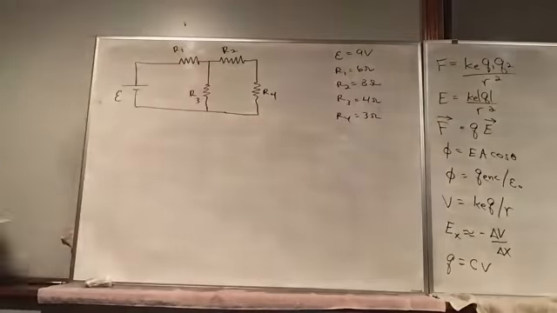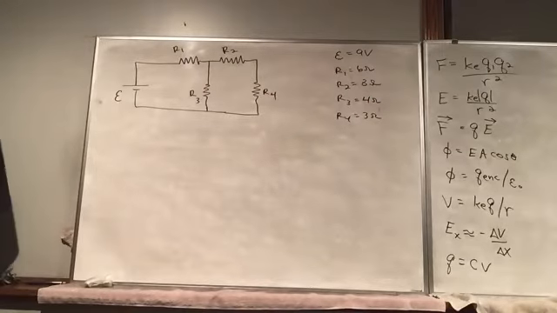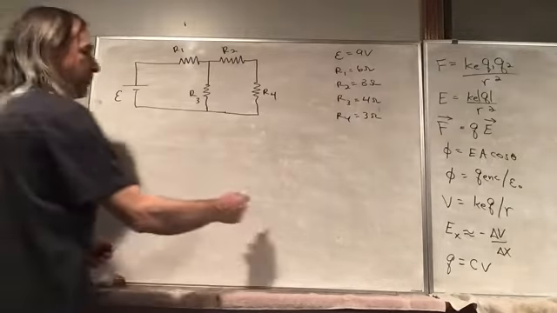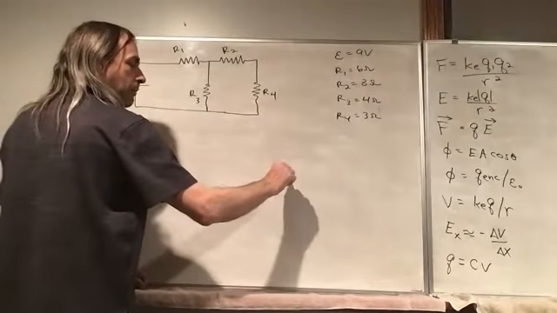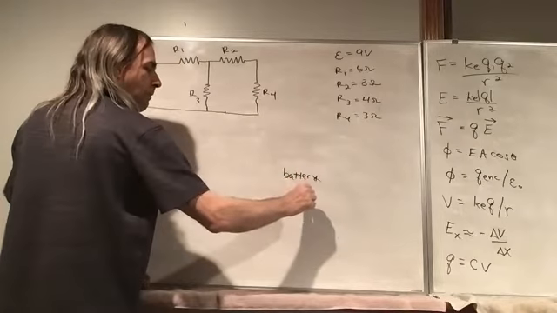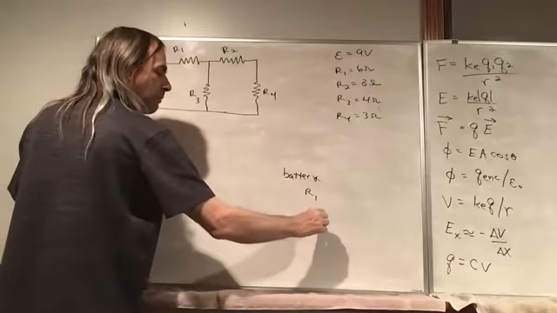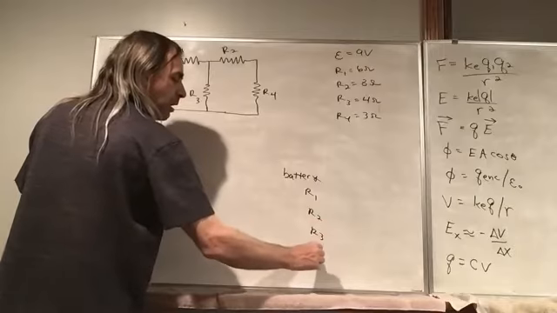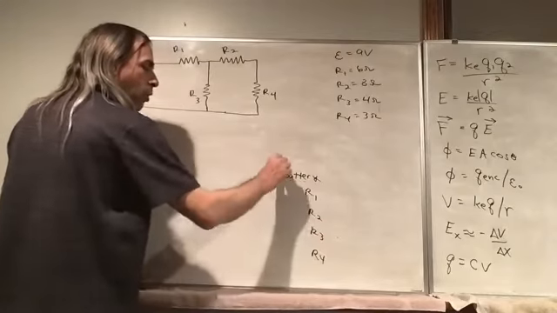So we've got these 4 resistors, and let's just do this problem and say we're done with section 2. What I mean by do this problem, we want to find, let's make a table. We have a battery, R1, R2, R3, and R4.